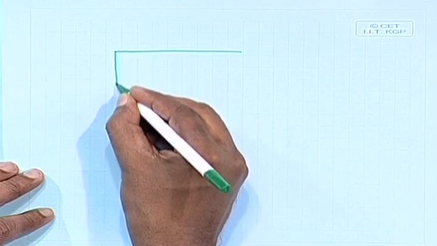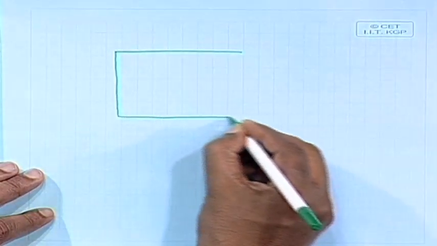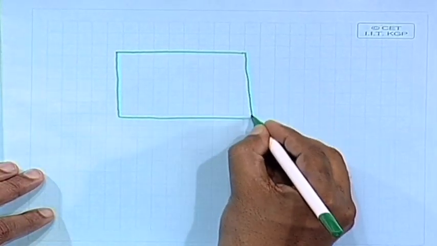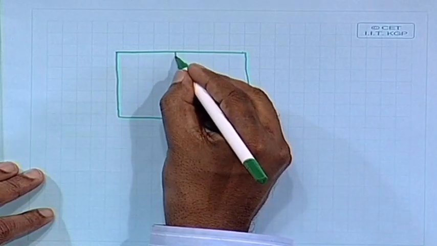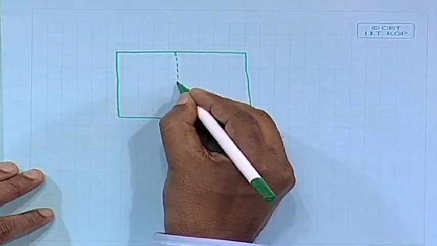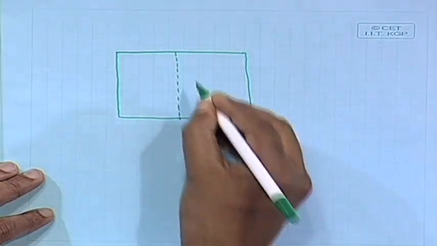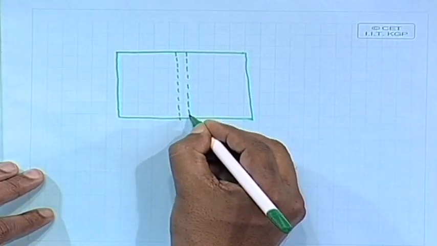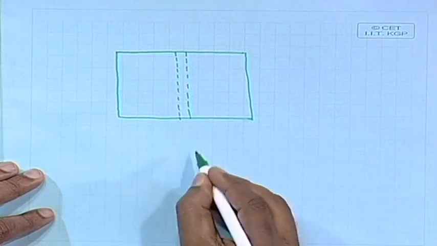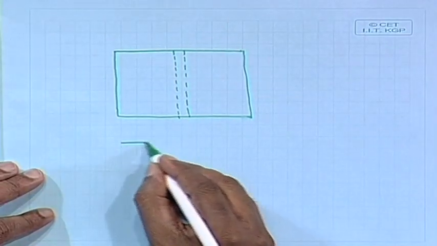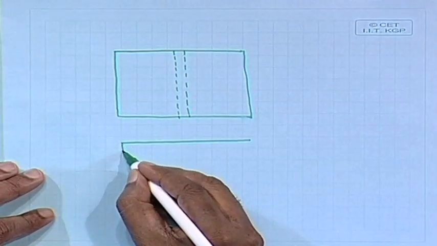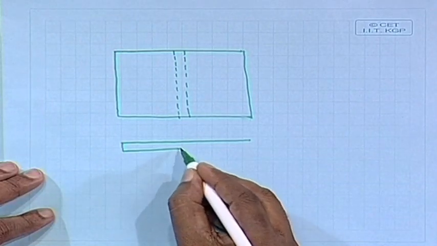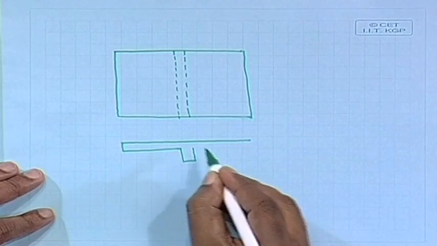If this is the slab and we are looking from the top, say one beam. So, if you look from this side, I shall get a beam, this is slab and a beam like this.